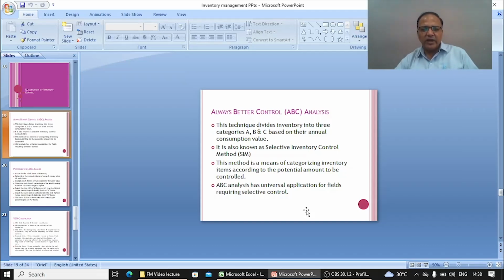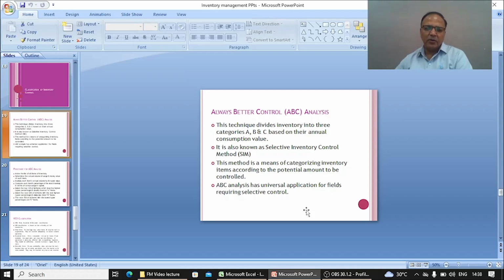Whenever we have to take care of B category, we require semi-skilled labor, and whenever we have to take care of C category, then it requires unskilled labor. So there is no need to spend more money to have skilled labor for C category items.